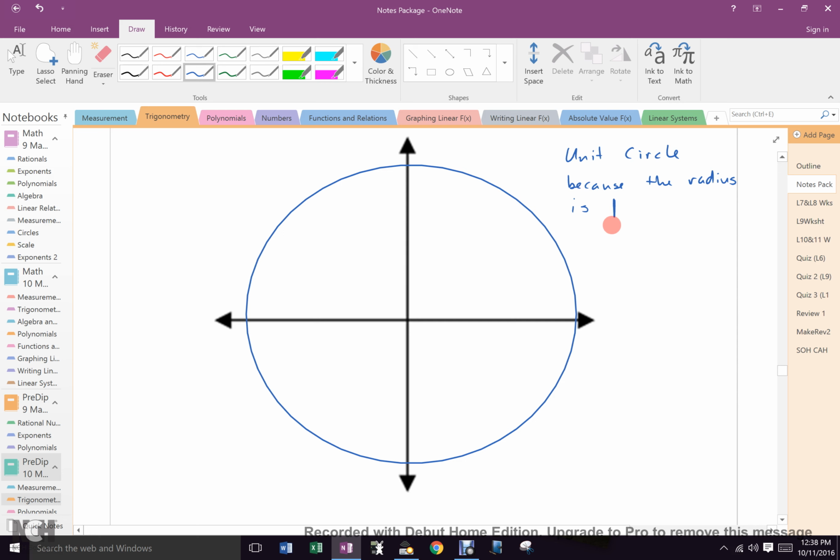Always? In the unit circle, yes. Which means this point right here has what coordinate? 1, 0. What is this point? 0, 1. What is this point?